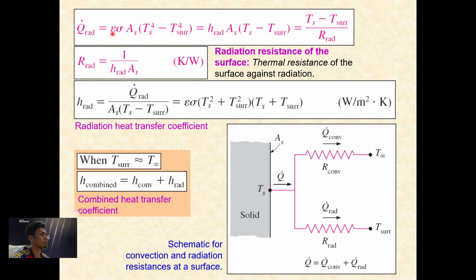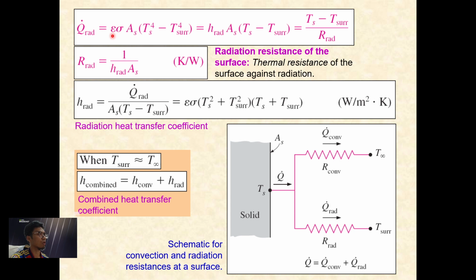If we want to simplify it in the thermal resistance concept, we need to remove emissivity and simplify it with a constant number.